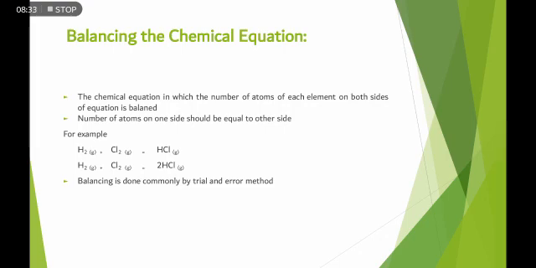Both sides become equal, from the left hand side to the right hand side, and this process is known as the trial and error method, which is commonly used to balance an equation, in which we write a coefficient. By this process we can balance the equation.